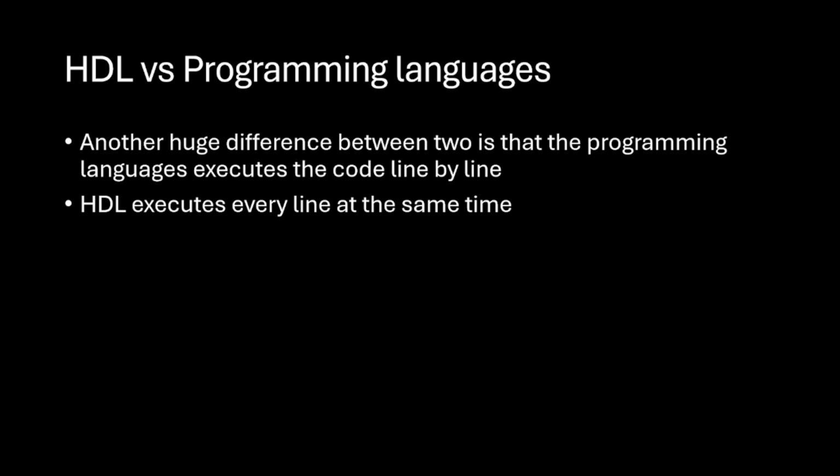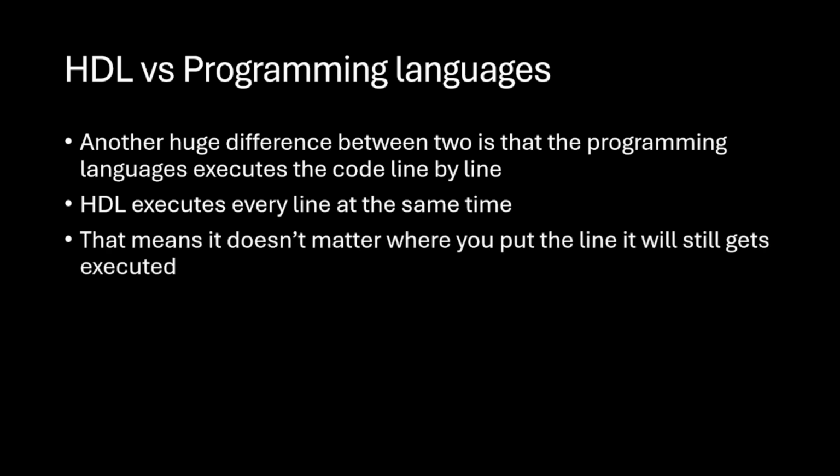All the statements in the HDL are active and running at the same time. So the order of lines usually does not matter in HDL, because these are not instructions, these are the description of the hardware. It doesn't matter where you put the line, it will still execute. So this is the basic concept of HDLs and EDA tools.